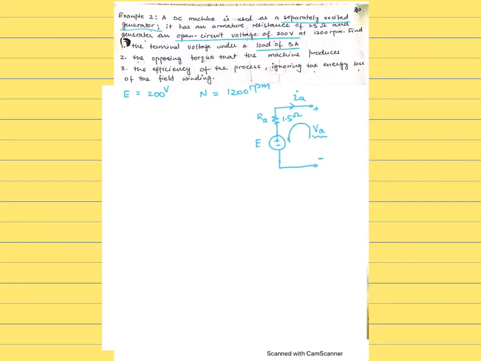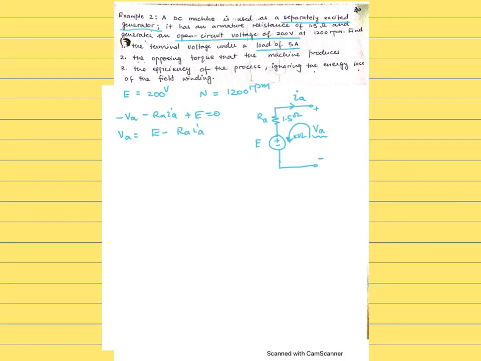So we're going to apply a KVL, or if you know the equation, you can make use of the equation without applying KVL. So VA minus RAIA plus E equals 0. So VA equals E minus RAIA.